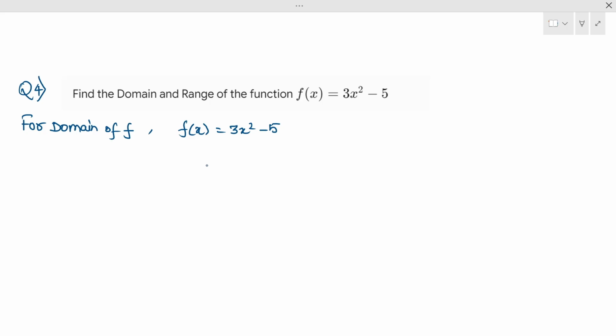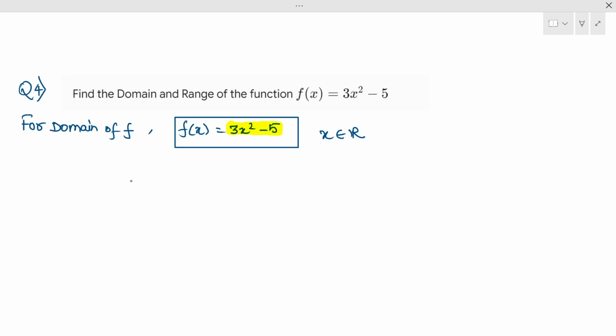For the domain, this must be a real number. Now, is it undefined anywhere? No. So if this is not undefined anywhere, this 3x square minus 5 is always a real number for any x in R. For all x in R, this will be a real number.